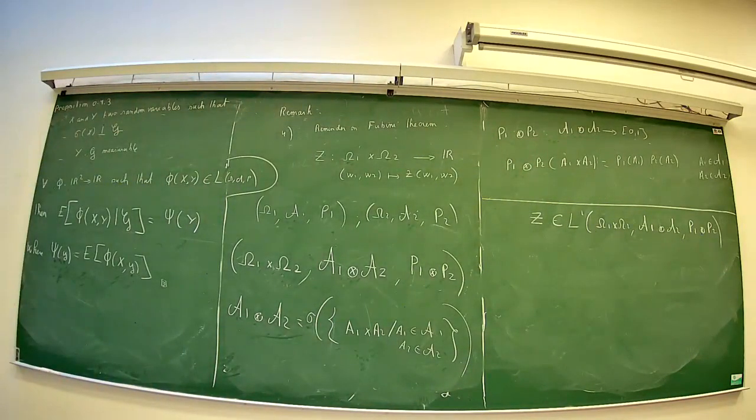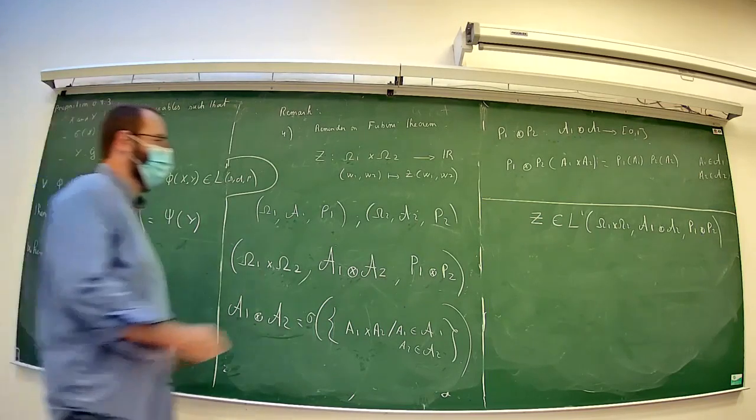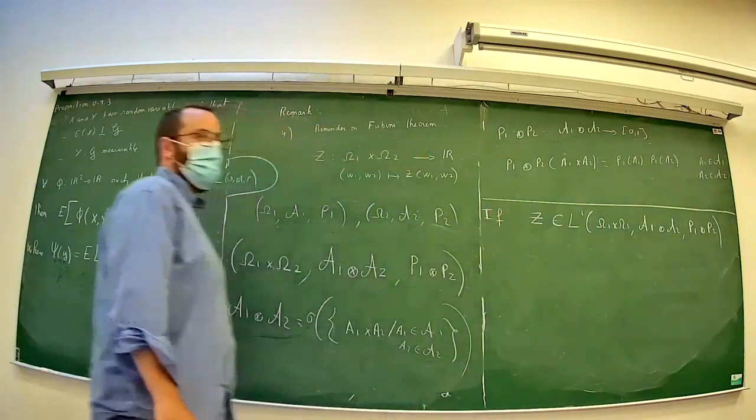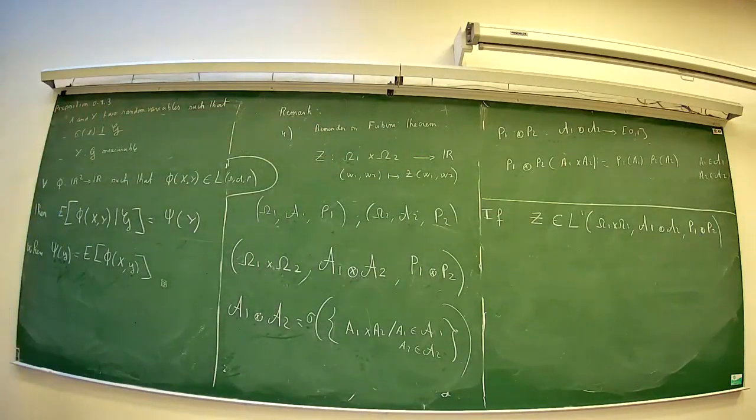I am L1 in both variables, with these sigma algebras and probabilities. So if Z belongs to this one, I have two things.